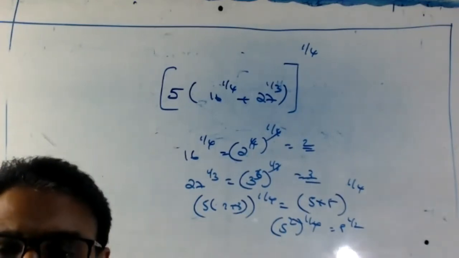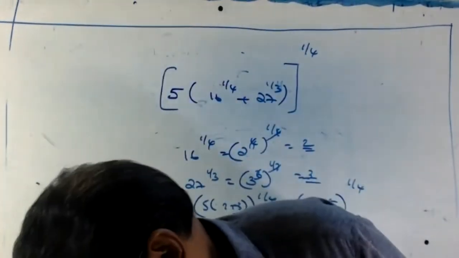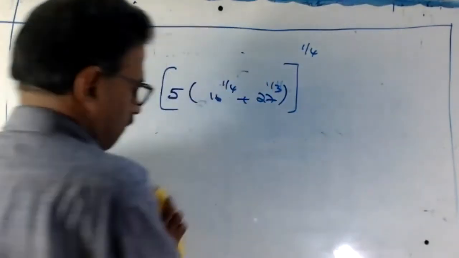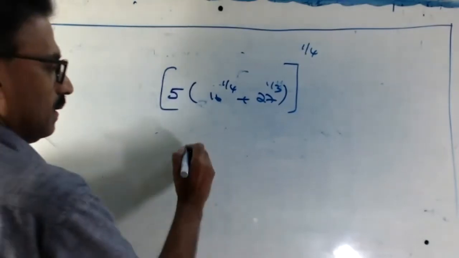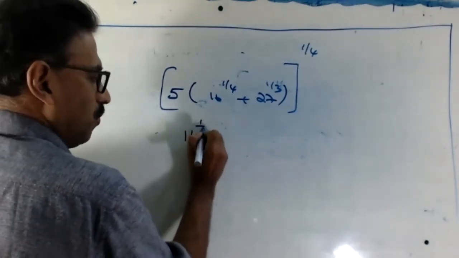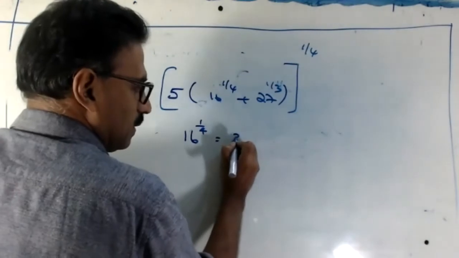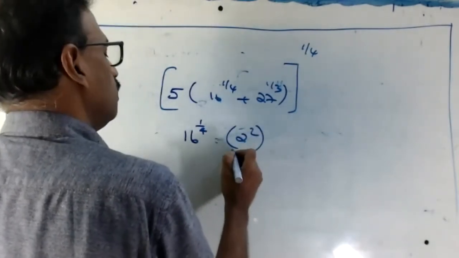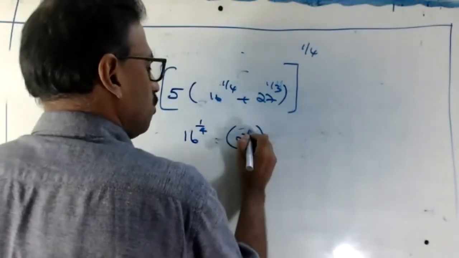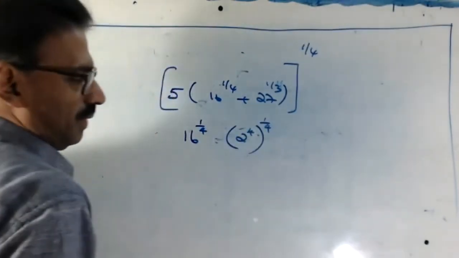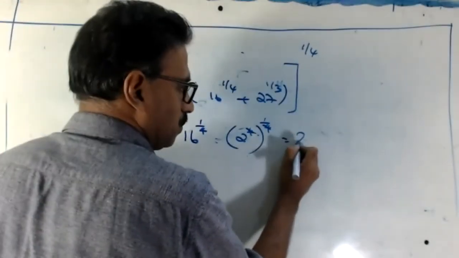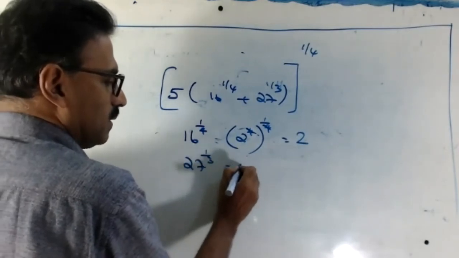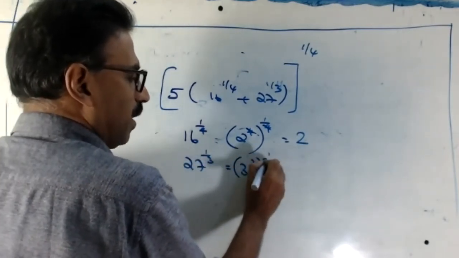You have to explain again. Look, I'll show this one. Listen here. 16 raised to 1 by 4 we can write as (2 raised to 4) all raised to 1 by 4. So this cancels, answer is 2. 27 raised to 1 by 3 is (3 cube) all raised to 1 by 3.